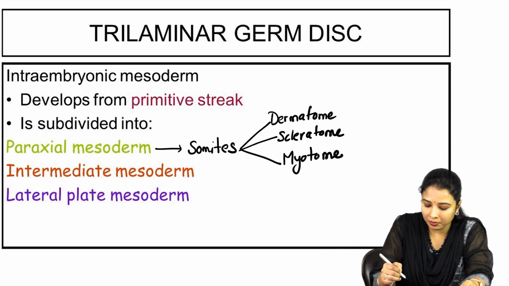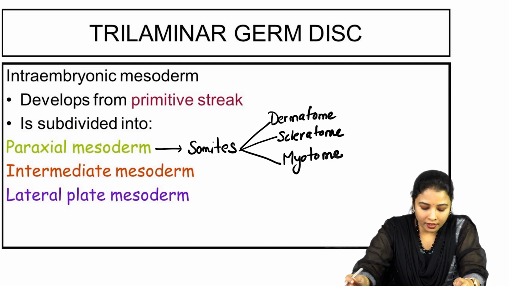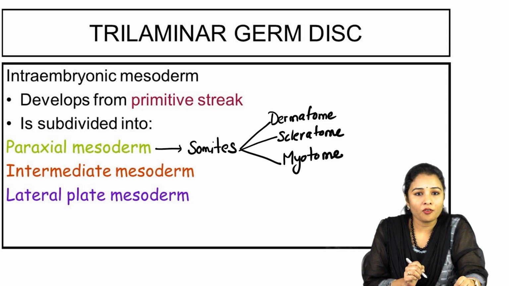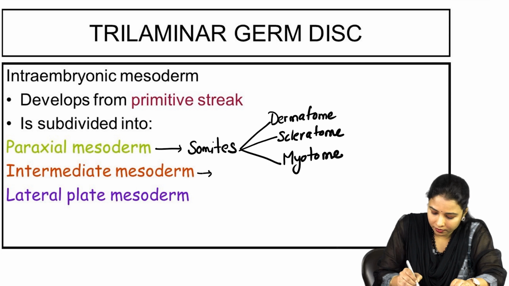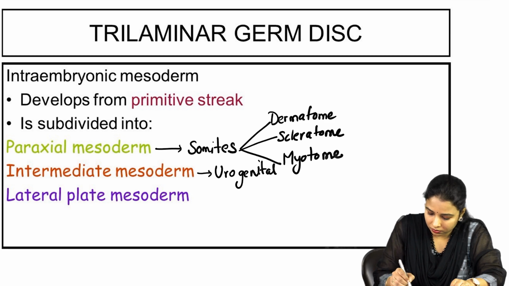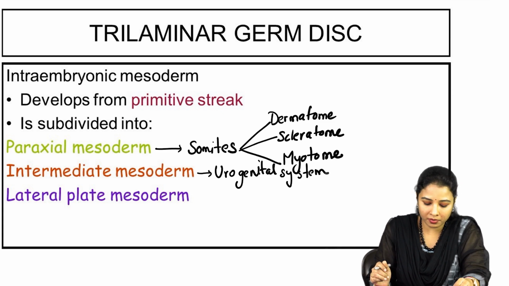Dermatome forms the dermis, sclerotome forms the vertebral column and myotome forms the skeletal muscles. Intermediate mesoderm forms mainly the urogenital tract, so the urinary system as well as the genital system are derived from the intermediate mesoderm.